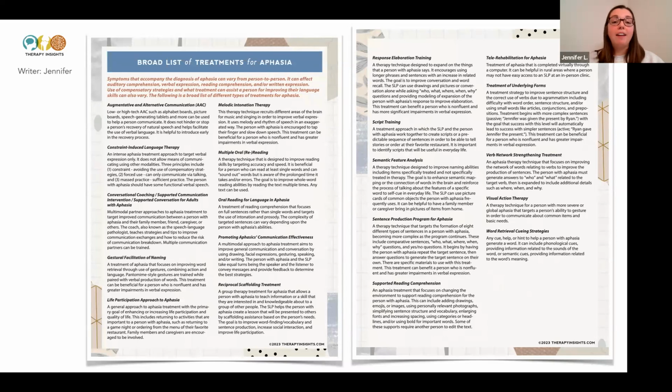Another treatment that I frequently use is called semantic feature analysis. What this treatment does is it targets confrontational naming by practicing that circumlocution strategy, generating different semantic features related to a target word. So for example, if you had a target word that was apple, you might talk about the category that it falls into. What do you do with it, or what is it used for?